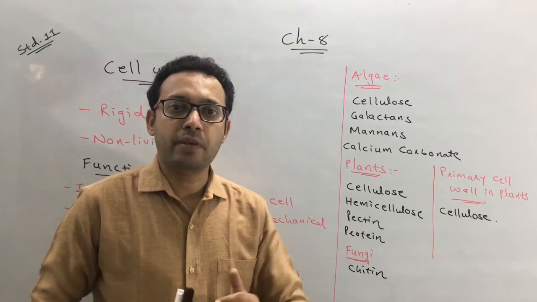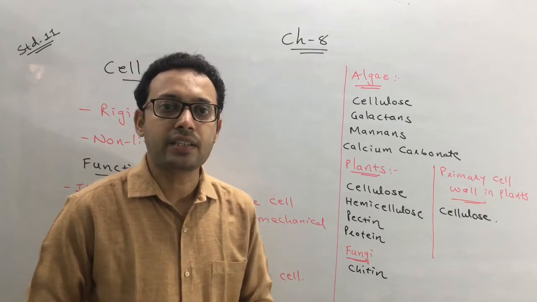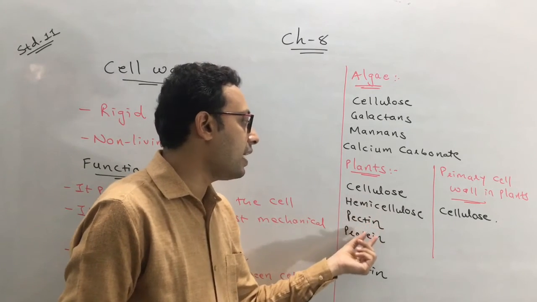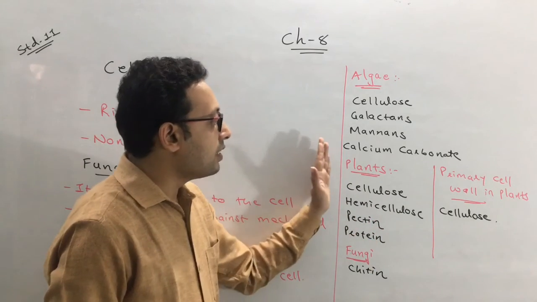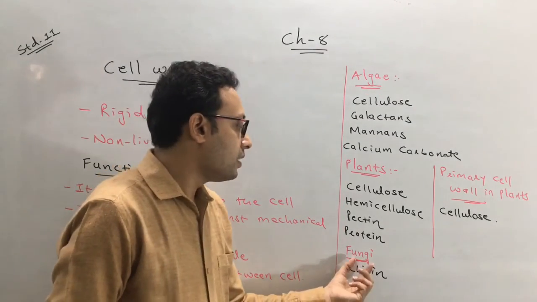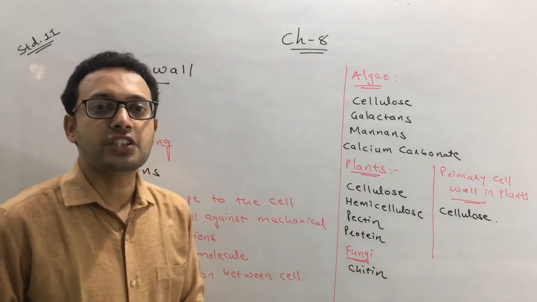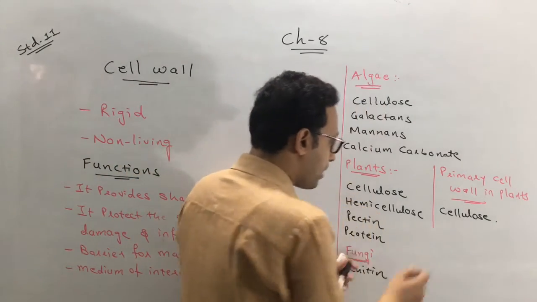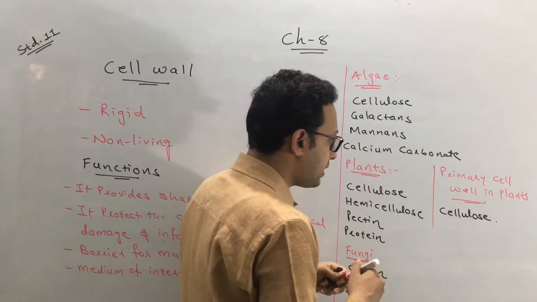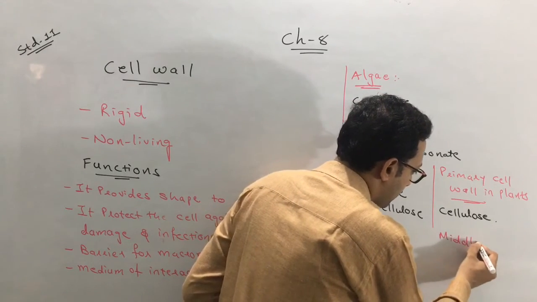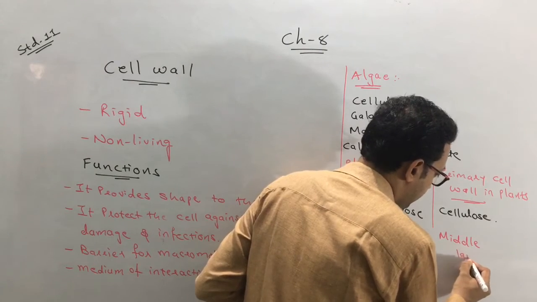Then there is a development of a secondary cell wall on the inner side, due to a deposition of hemicellulose, pectin, and protein. Hence, in the plant, the cell wall is made up of these four components. Next, the fungal cell wall is made up of chitin. Apart from that, there is one more layer. The layer is called the middle lamella. Remember, this is very important. Middle lamella.